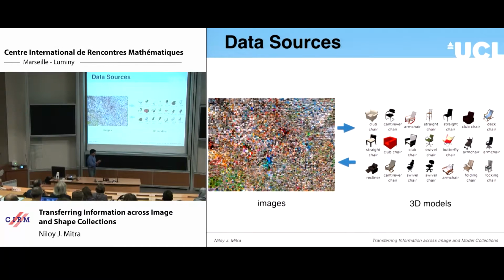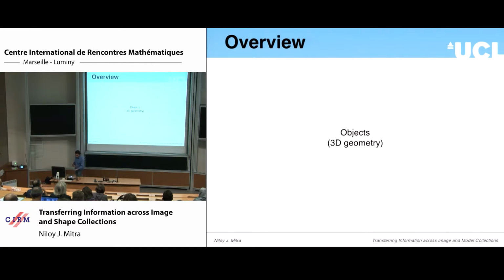So here's a schematic overview of the talk, as it will go. At the center is 3D geometry, the objects that we see. And there are certain priors that I will assume for this talk. I will just briefly show a couple of these instances, but I will not talk about how we generate these priors.